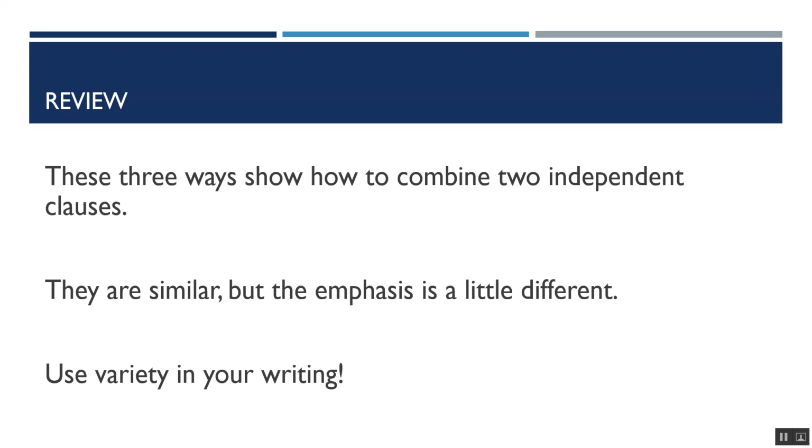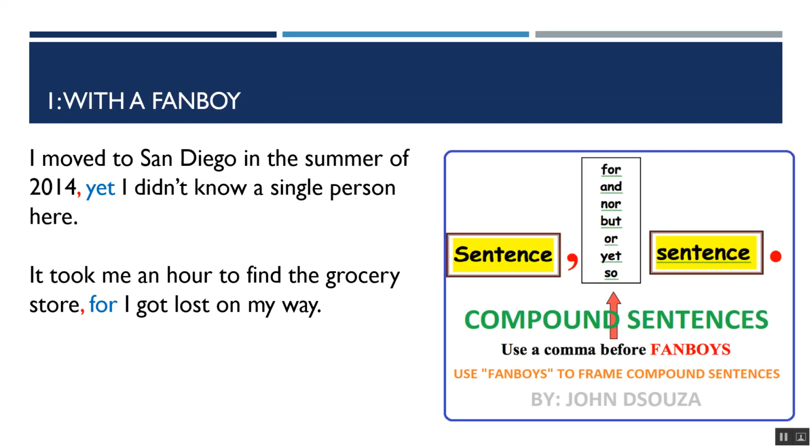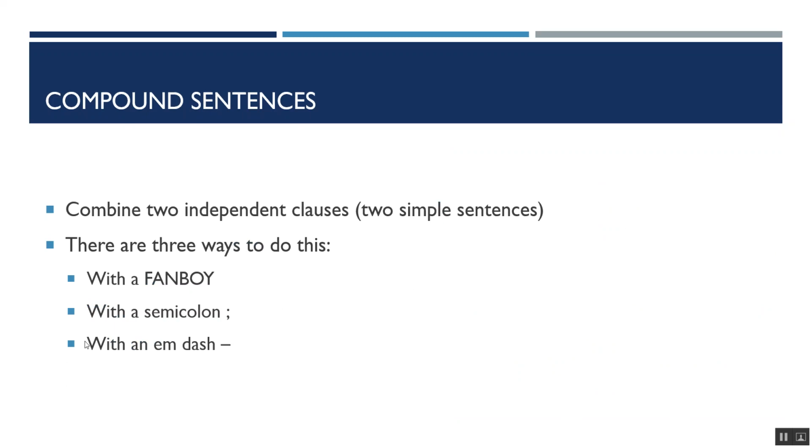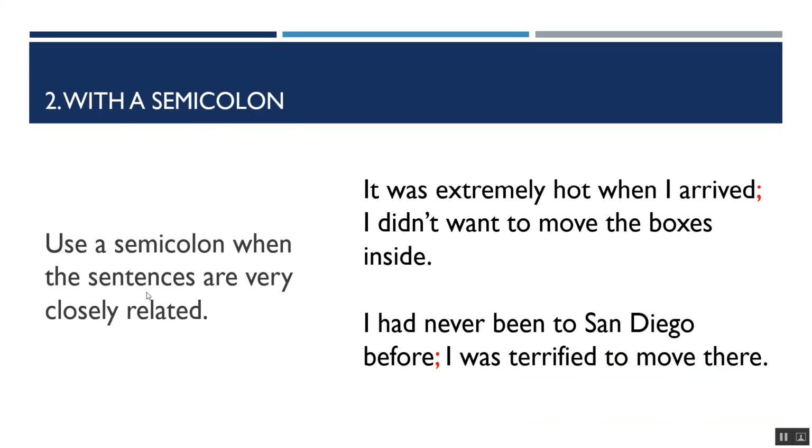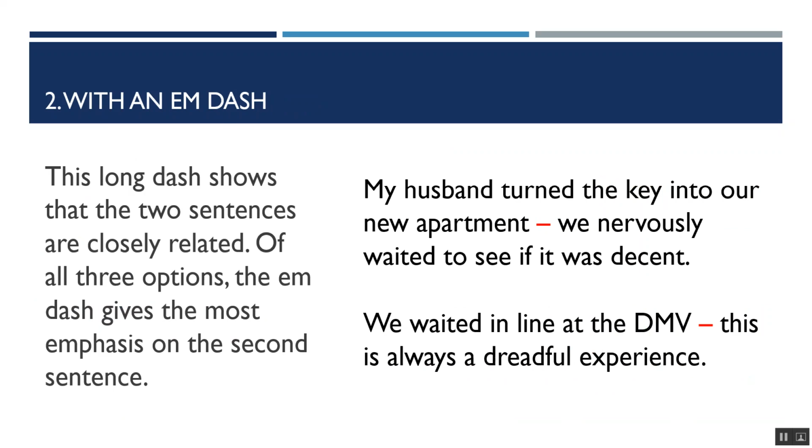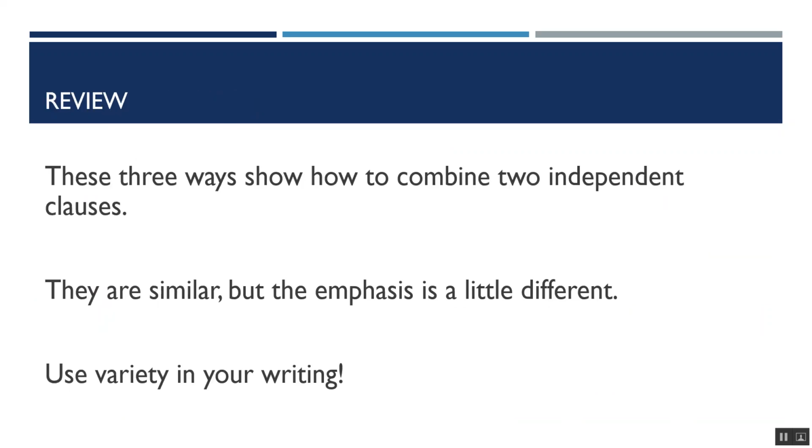So to review, these three ways show how to combine two independent clauses. Okay, so going back to the three ways, we have fanboys here, we have with a semicolon, and we have with an em dash. These three ways are similar.